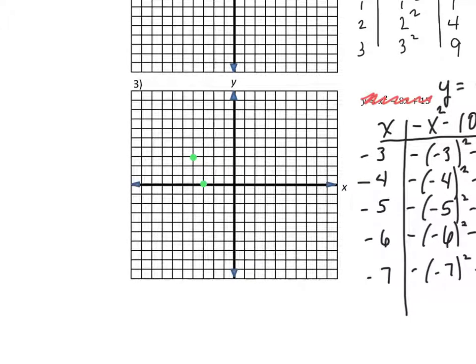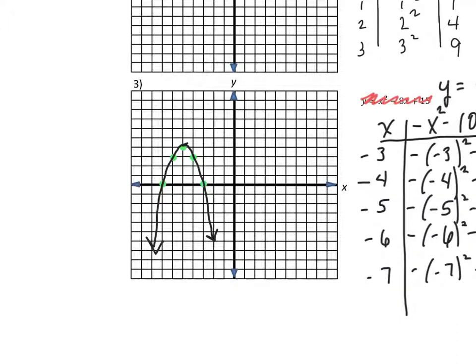Negative 5, 4 is next. And continuing, we have negative 6, 3. And our last point is negative 7, 0. And we will connect these.